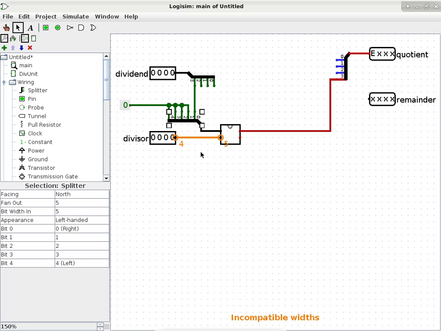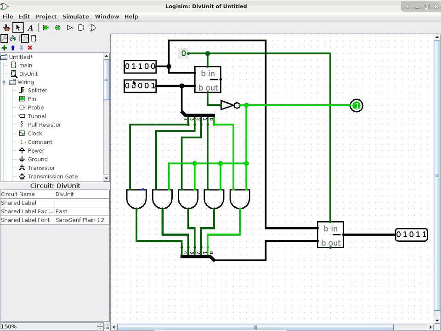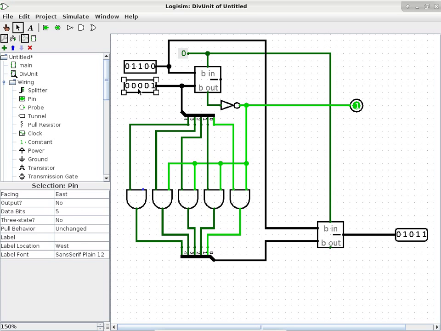The divisor needs a 0 to be padded. This one, the divisor, the second number, can be a 4-bit number because we can pad the 0 in the design itself. So I'm going to change this one more time by changing this one to a 4-bit number. And we'll just pad the 0 as the most significant bit.